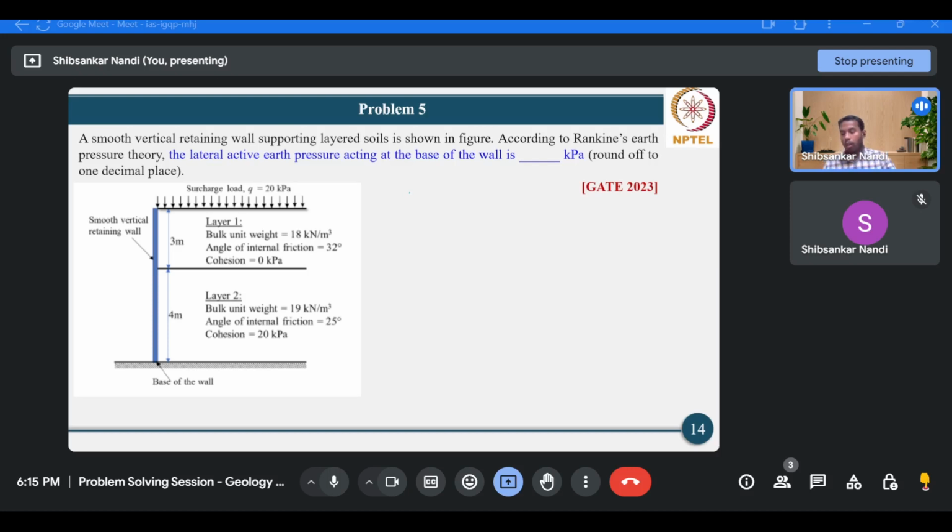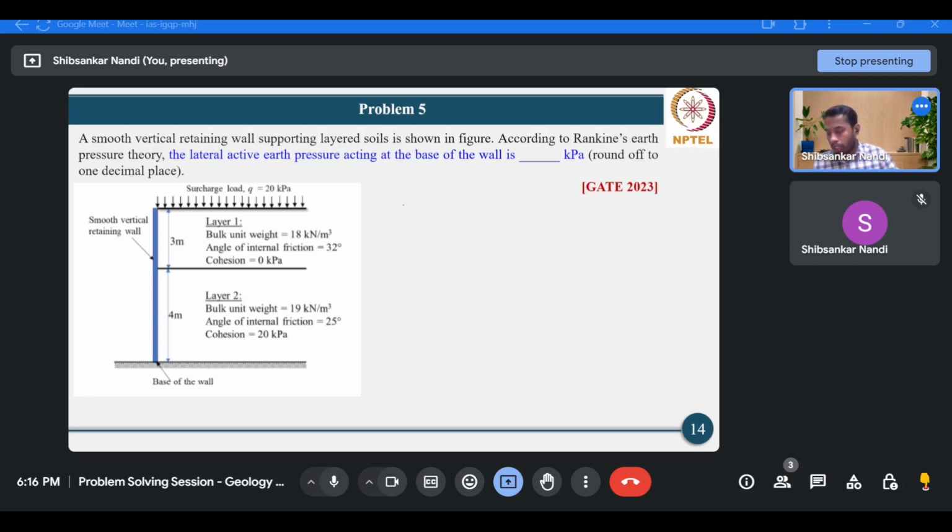So we will not spend unnecessary time to establish the entire distribution. Rather, we'll restrain ourselves only to the calculation of the pressure at the base of the wall.